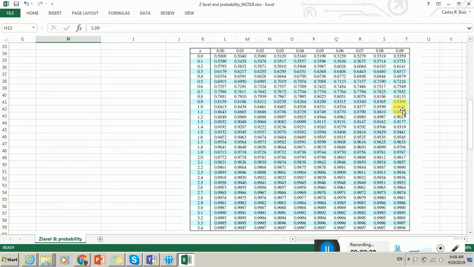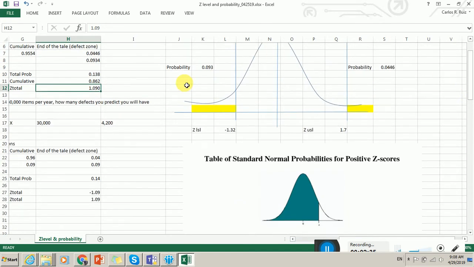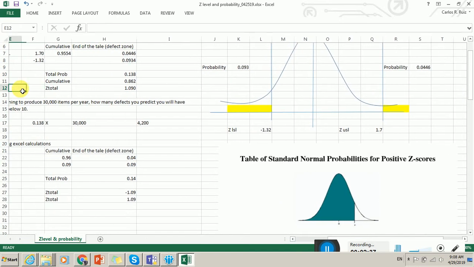So therefore, the z level is going to be 1.09.